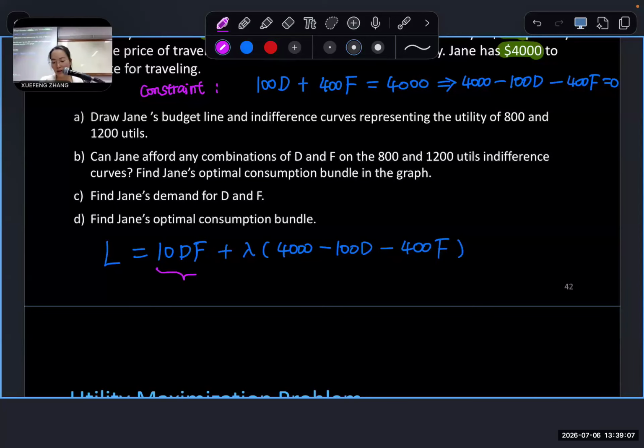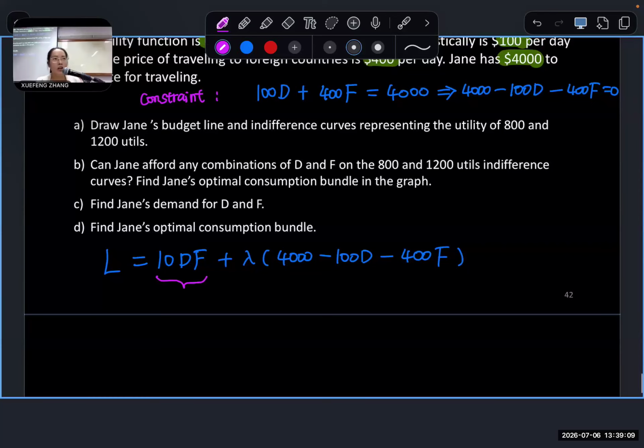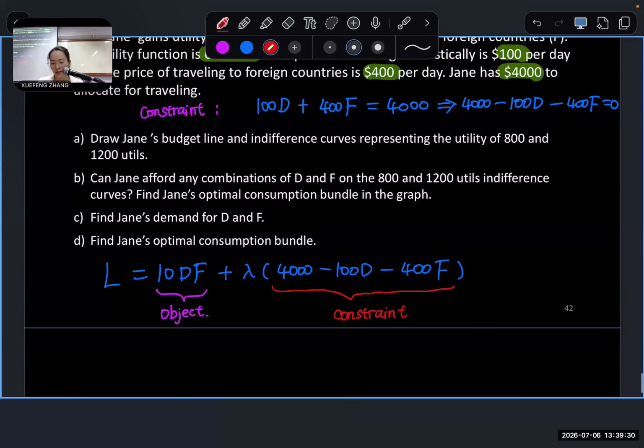The first part is our objective, the one that we want to maximize. And the second part is our constraint, times lambda.